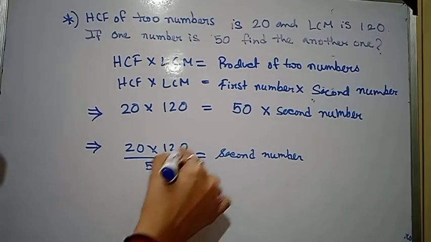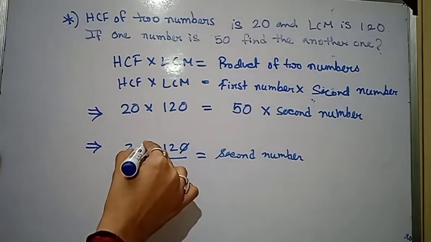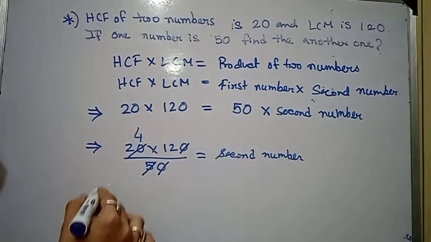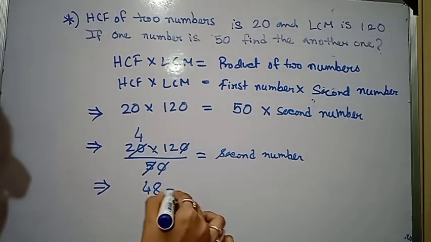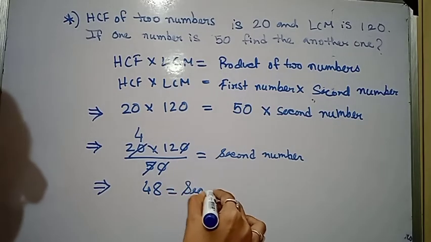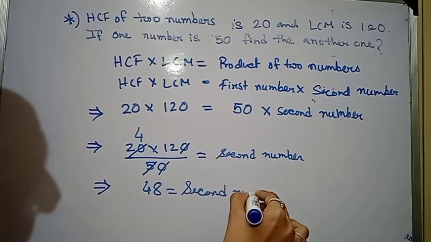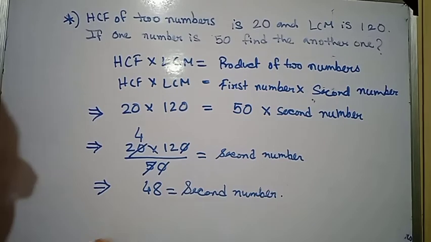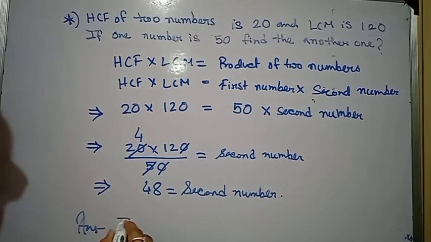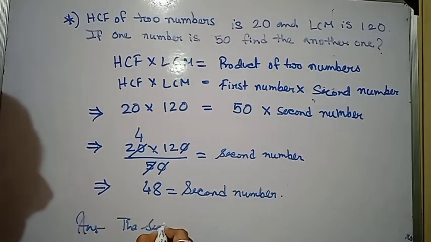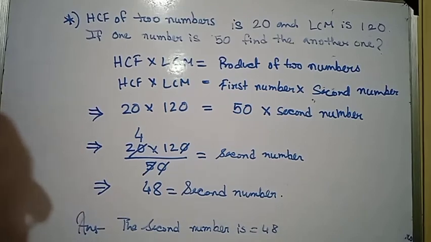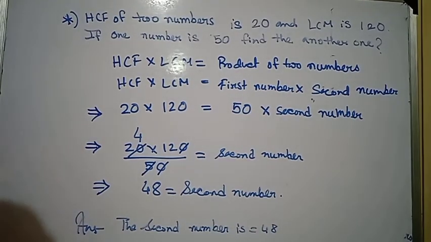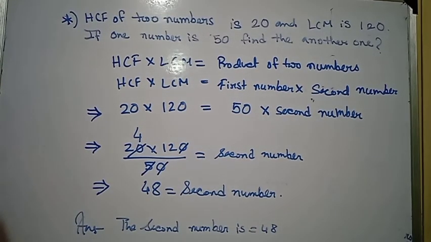So cancelling this 0, and 5 4s are 20, we know that. So 4 into 12, right? That will be 48. So the second number will be 48. So this is my answer. The second number is 48, or the other number is 48. This will be my answer.